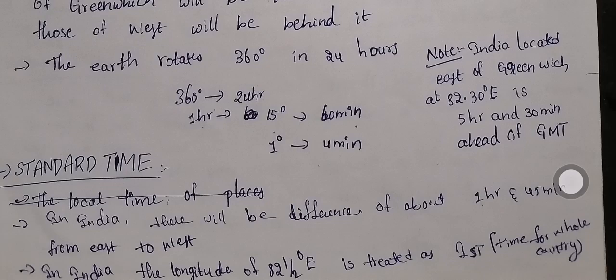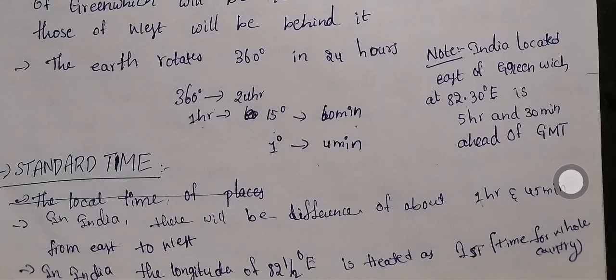That's why we need to have one time throughout the country. Even though there was a difference in the times of Sundays, we decided in India on 82.5 degrees eastern longitude as the Indian standard time. That is the time for the whole country.